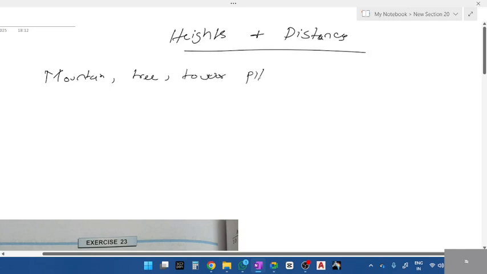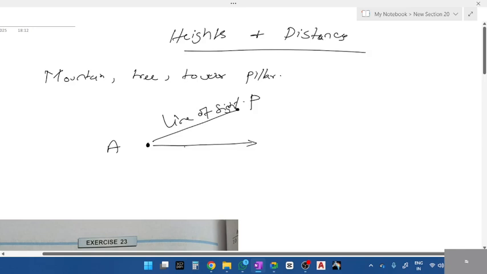And distance, students: we basically find the height or the distance from one point to another point. Imagine you're at point A. When you look at an object at point B, this is known as line of sight. And from point A, the straight line, what do you call this straight line?